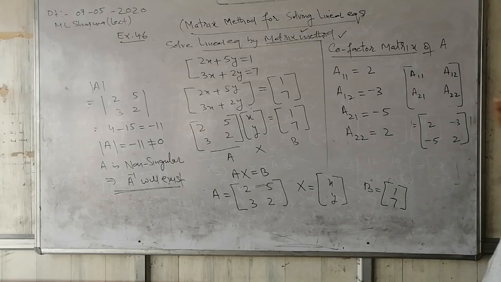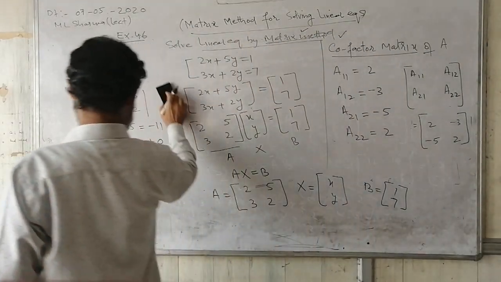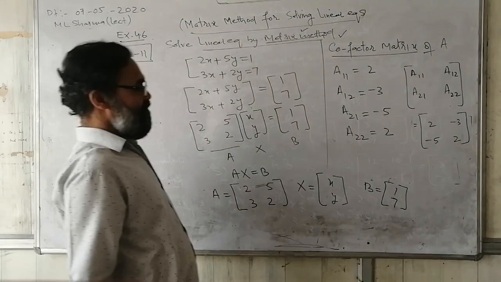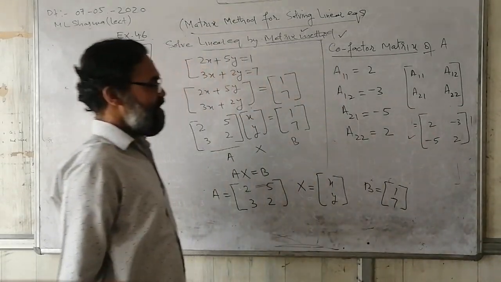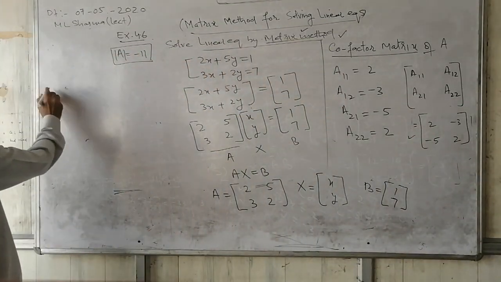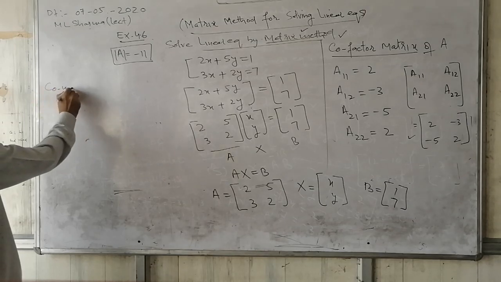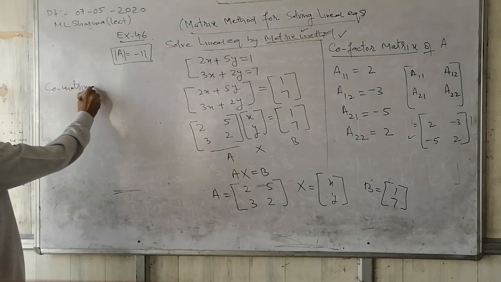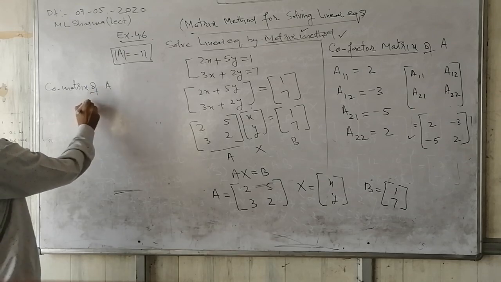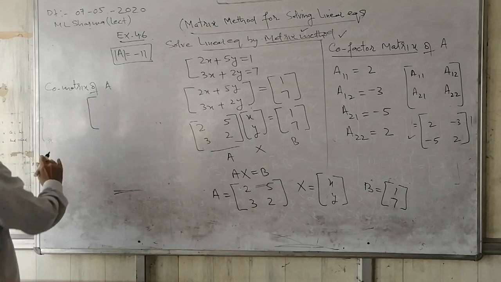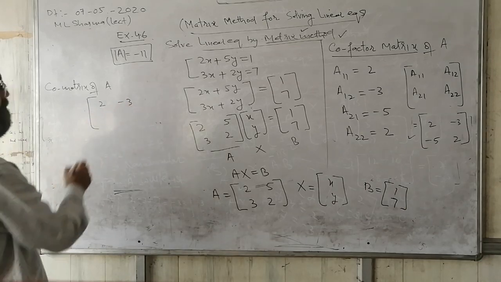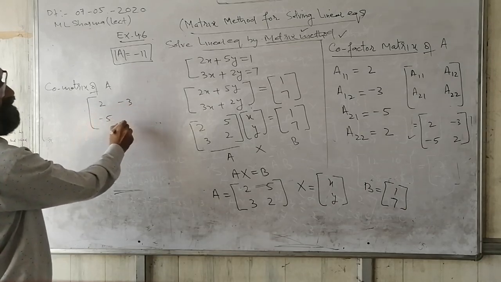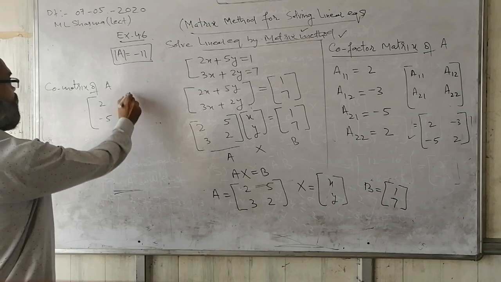So this is the cofactor matrix of A. This is the comatrix of A: 2, minus 3, minus 5 and 2.